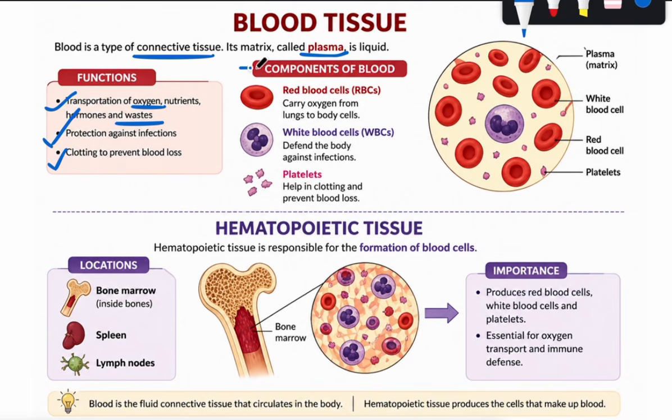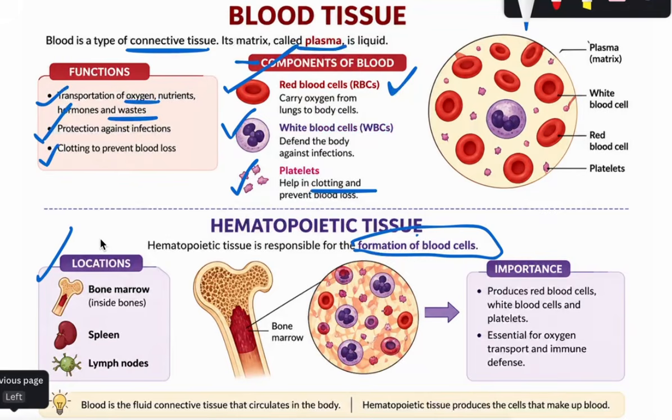What are the components of blood? Everybody knows that blood has red blood cells, white blood cells that fight infection, and platelets that help with clotting. And then we have hematopoietic tissue. That's the formation of blood cells.